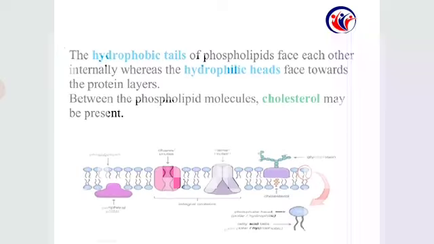Now, the steroids, cholesterol, are supposed to stabilize. But remember, membranes must be fluid to work properly. If they solidify, their permeability is affected in one way or the other. Now, if permeability is affected, it means the cell can no longer get vital nutrients that it requires. Now, in very cold environments, membranes tend to solidify.